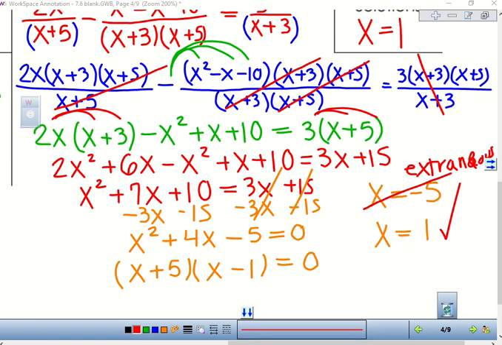And then minus x squared minus x minus 10 divided by x squared plus 8x plus 15. Enter. And then 3 divided by x plus 3. I got my caps lock on this one.